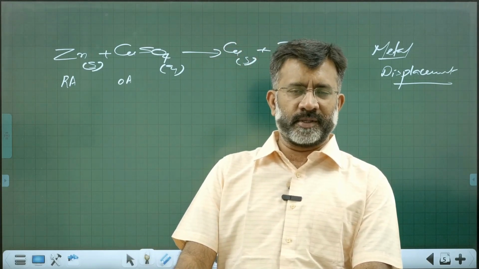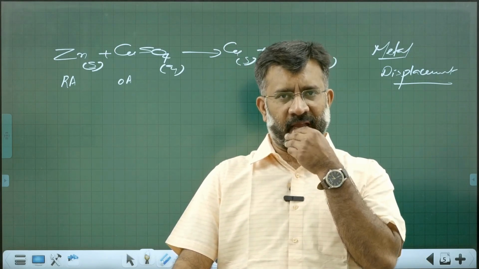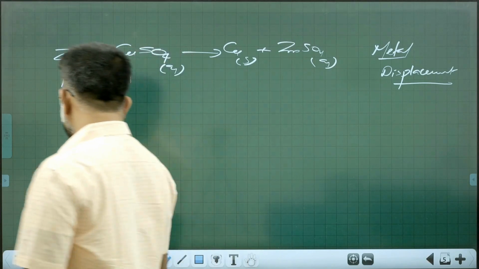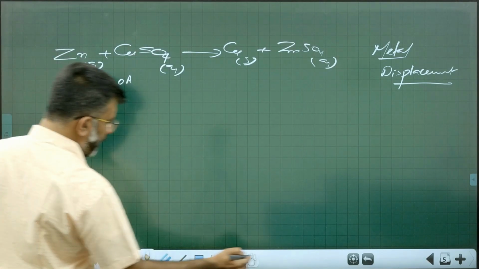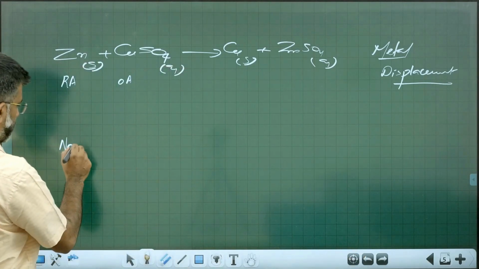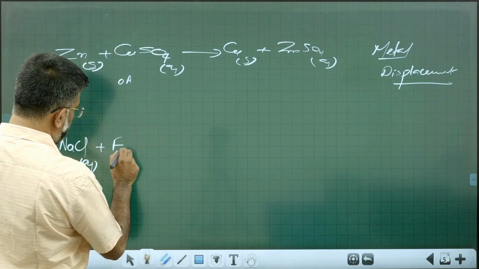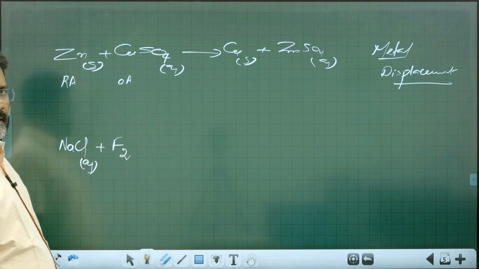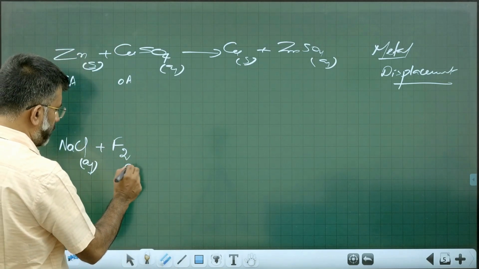Why? Because there is another type of reaction, the non-metal displacement reaction. Suppose we take NaCl solution in a test tube and imagine I am pumping yellow colored F2 gas into that solution.